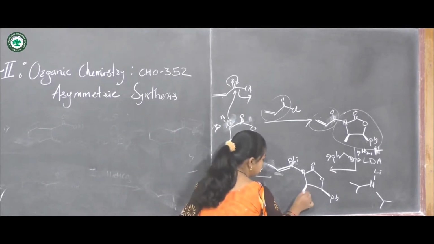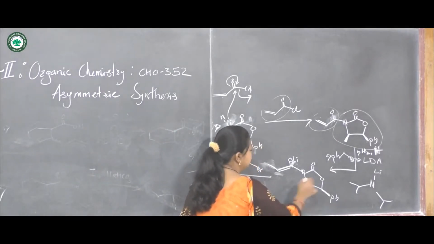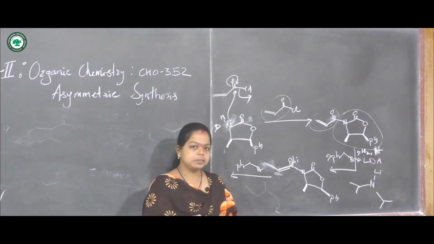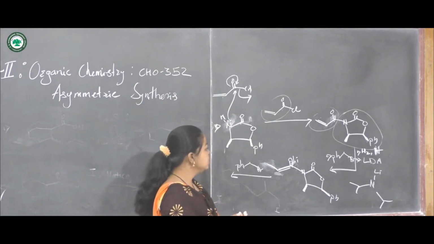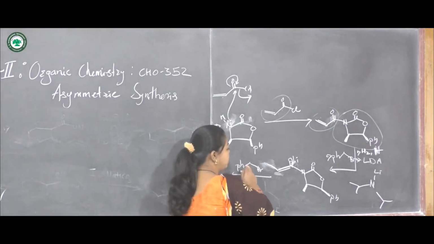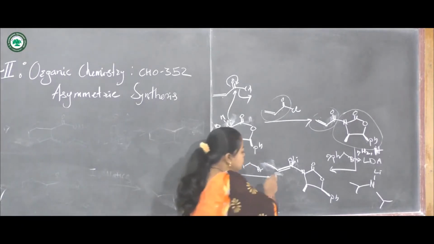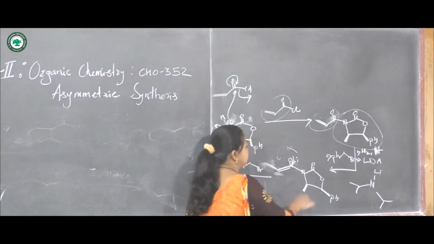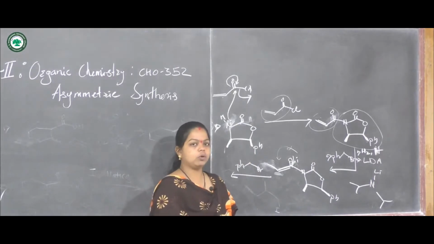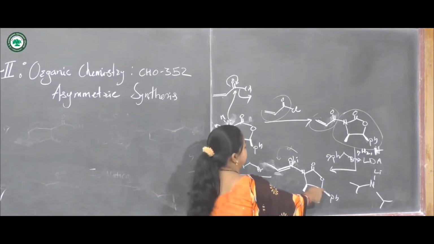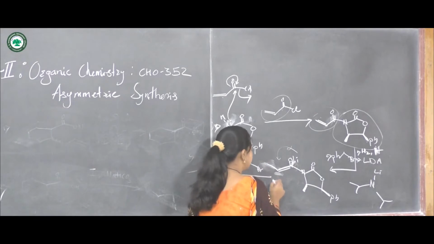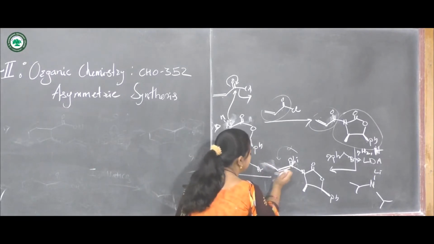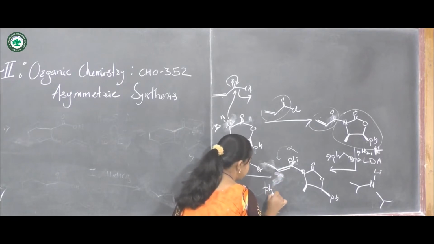Now we can see the structure of the substrate. The methyl group and phenyl group are oriented on the above side. They are beta oriented, present on the beta side, the above side. So attack of this benzyl bromide or the electrophile on this double bond is not possible from the front face or above face because it is sterically hindered here. So this reagent will always react from the back side or below side or the alpha side.